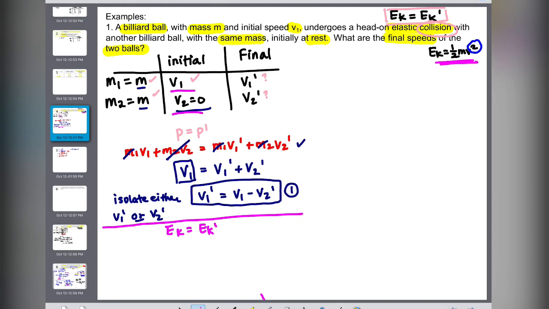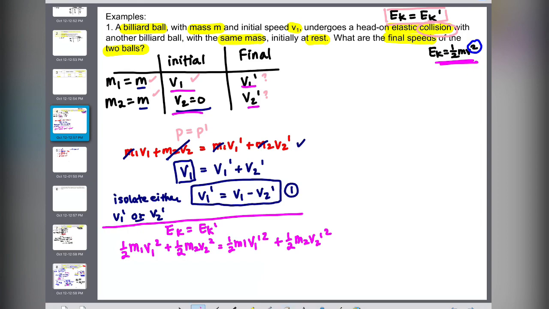So I'm going to throw in the m1, the v1, and all that stuff. Half m1 v1 squared, the kinetic energy for the first block initially, and then the initial velocity for the second block will give you half m2 v2 squared. And then now I'm going to do the final: half m1 v1 prime squared, adding half m2 v2 prime squared. So basically I'm just doing the kinetic energy for each of the blocks.